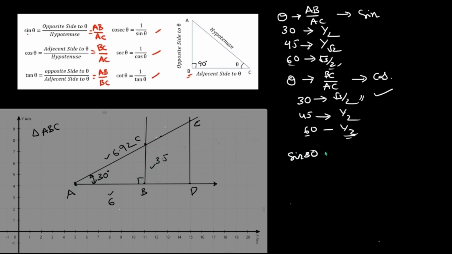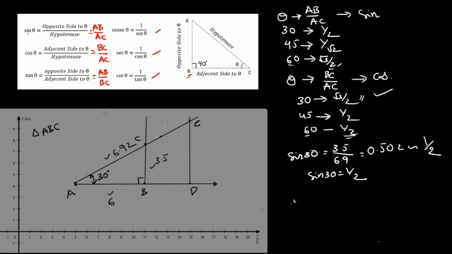The opposite side is BC, so BC by the hypotenuse AC. BC is 3.5, divided by 6.9. If you do this ratio, you will get about 0.502, which is approximately equal to 1/2. So that's the reason sin 30 is 1/2.